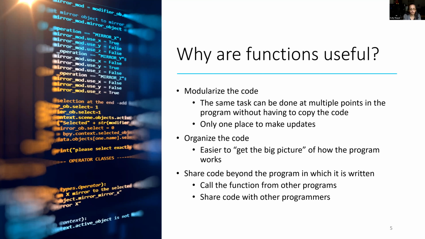First of all, for modularization of the code, making it into those individual packages. The same task can be done at multiple points in the program without having to copy over your code. So for example, if you need to calculate the square of x, where you want to do x squared, you might type x equals x times x, and you might do that in multiple points in your code, which is fine.